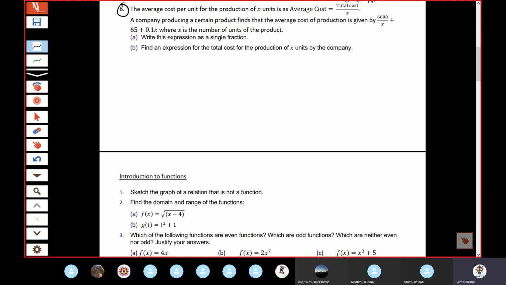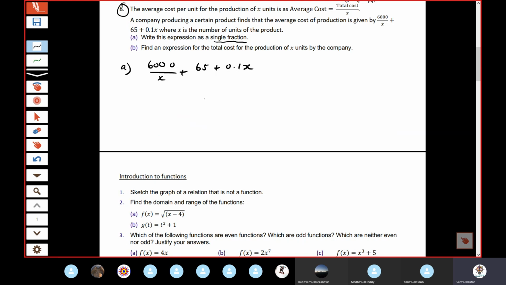Average cost per unit for the production of X units is average cost equals total cost on X. So a company producing a certain product finds that the average cost of production is given by 6,000 on X plus 65 plus 0.1X, where X is the number of units. Write this expression as a single fraction. So write 6,000 on X plus 65 plus 0.1x as a single fraction.